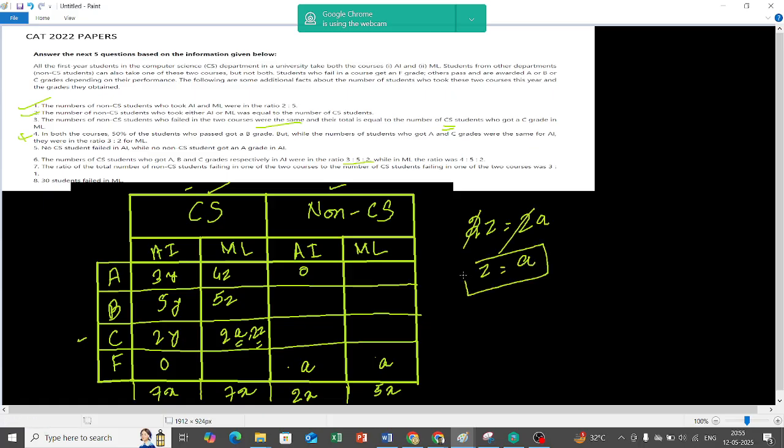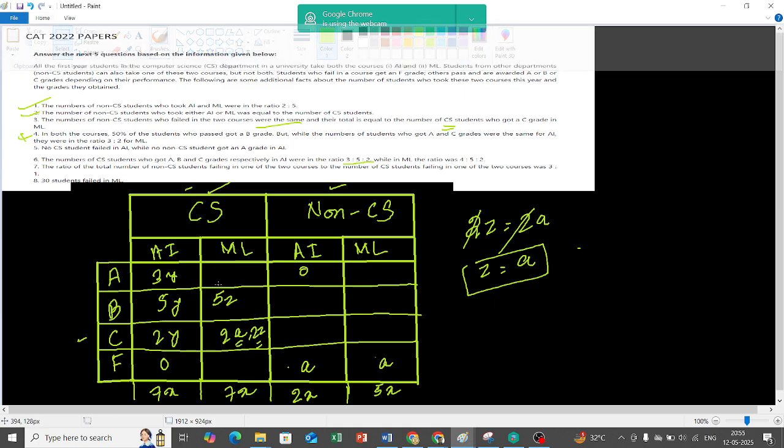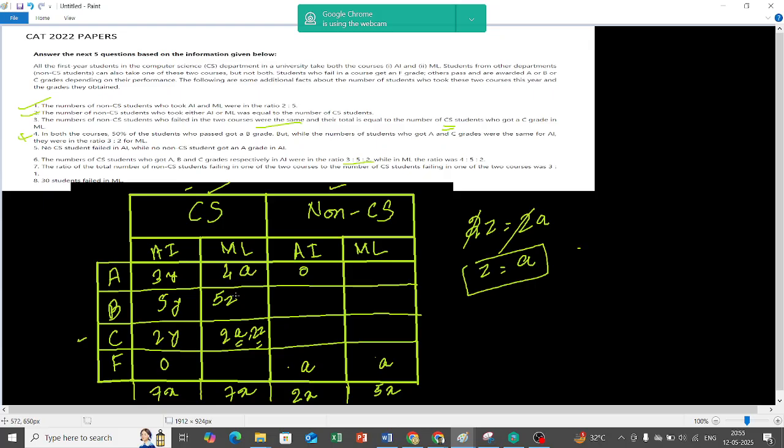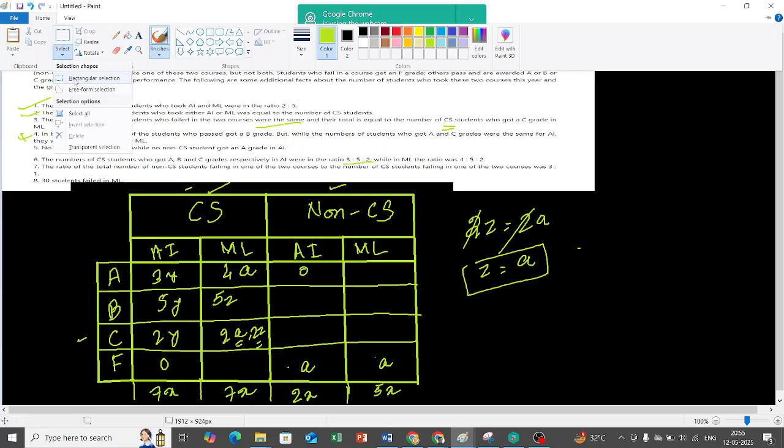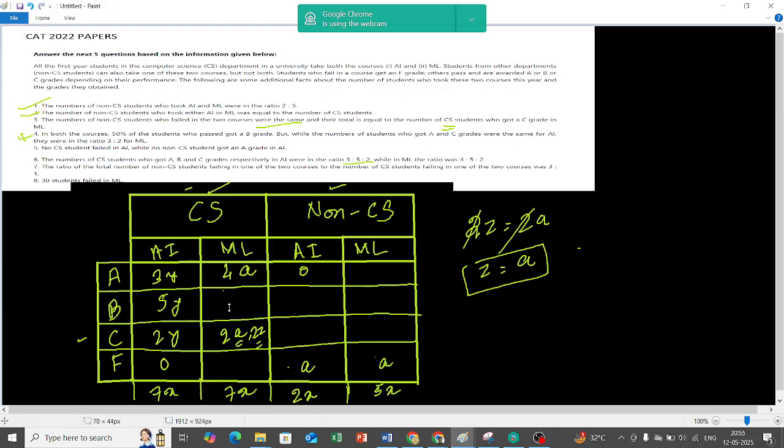Z is equal to A. If Z is equal to A, then we can write down these things as 4A, 5A, and 2A. Understood, guys?